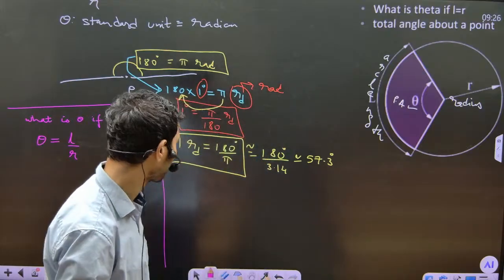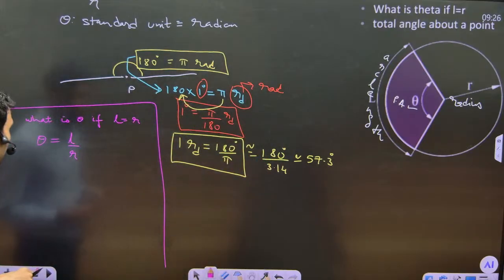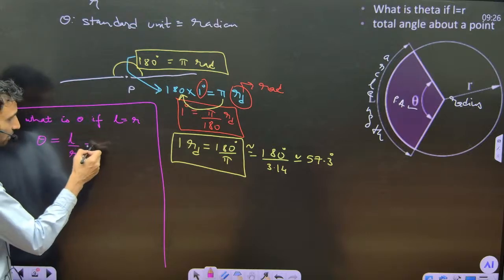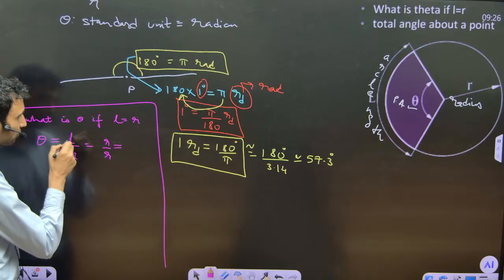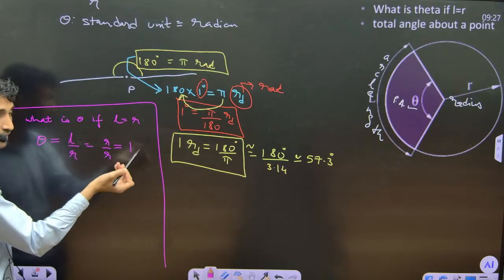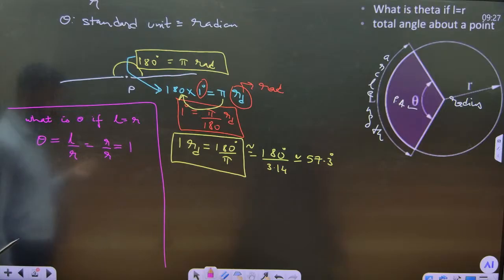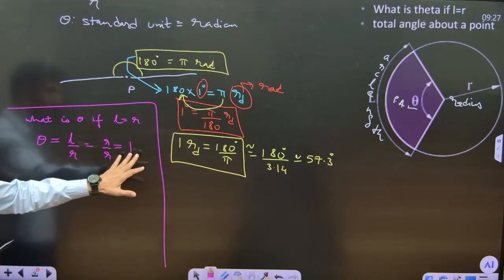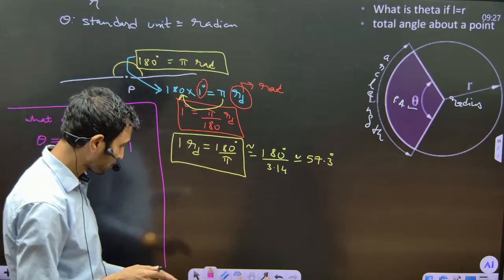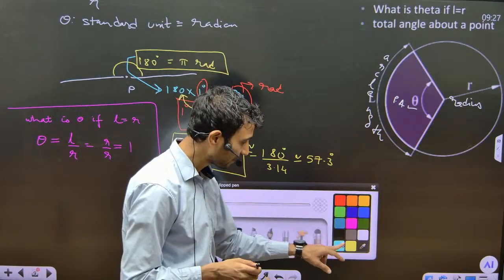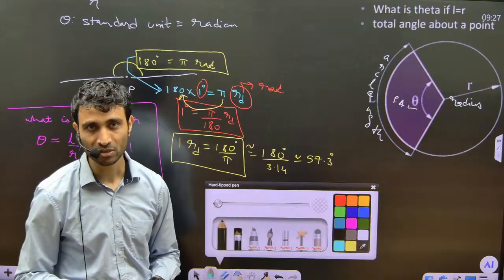So let me see who can tell me. If L is equal to R, you put the values there. It's R upon R, the value of L is R. That turns out to be 1. But now the million dollar question is, 1 what? You would be quite inclined to say it will be 1 degree because that's what has been taught to you.